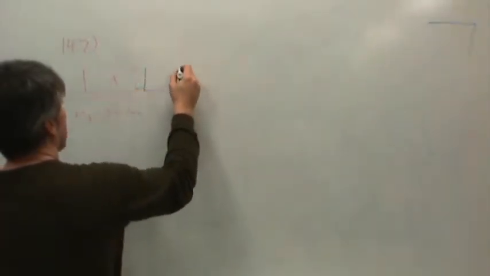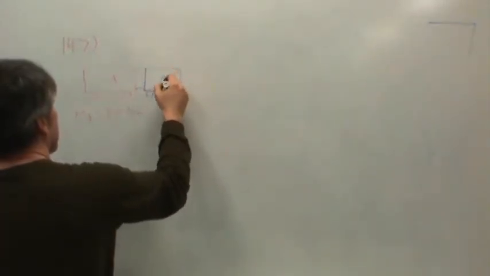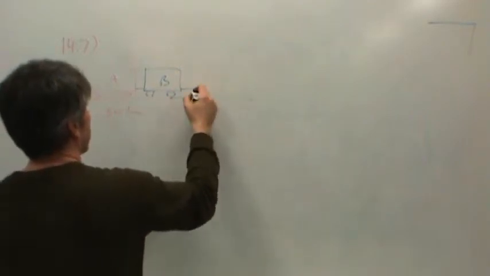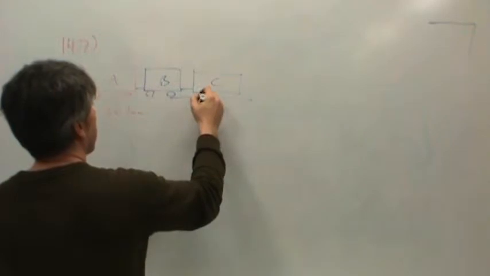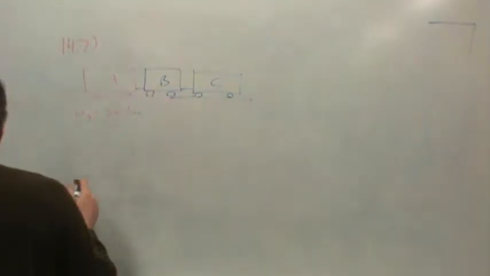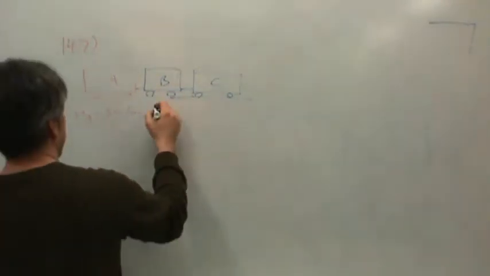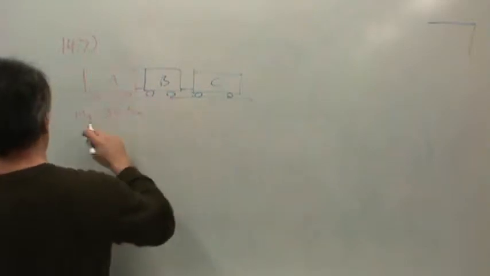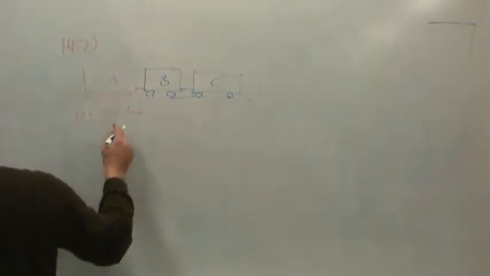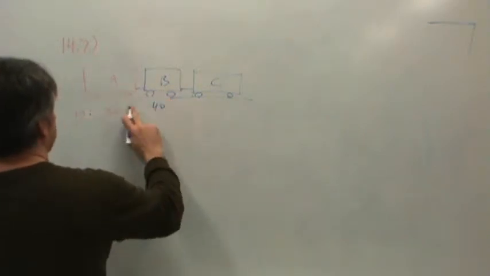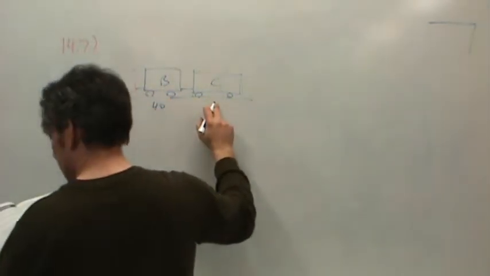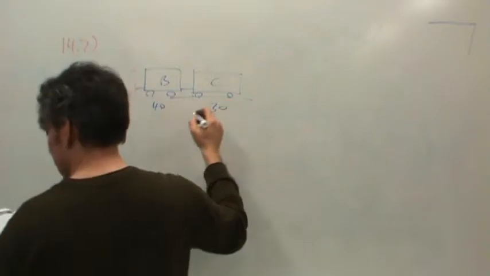It's connected also to car B, as well as car C. I'll just put the mass beneath each one. Mass of B is 40 tons. And C, 30 tons.